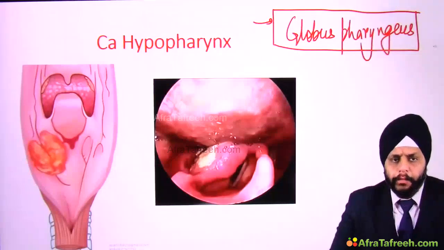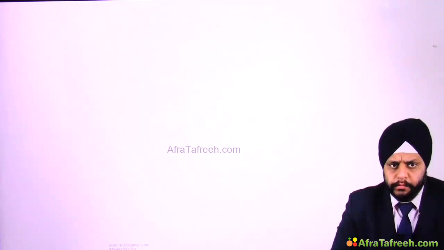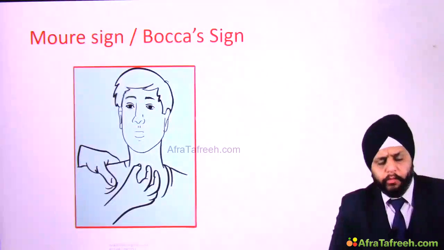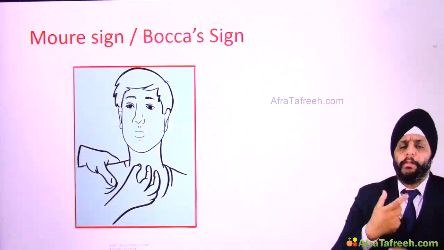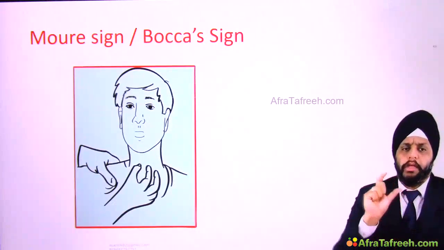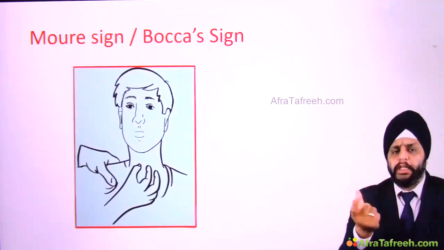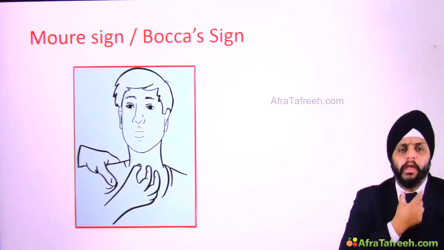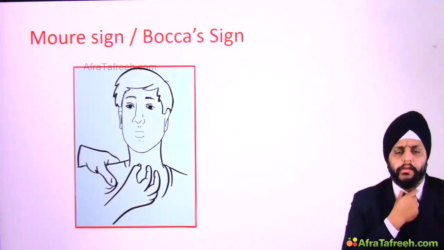Now, what will you find on examination in CA hypopharynx? Number one, let's say it is a post-cricoid malignancy. You make the patient go supine, you take your thumb and your index finger and make a U with it, and you hold the larynx and move it to the side.